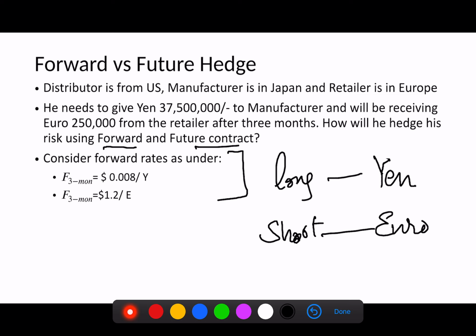How many euros? 250,000 euros. And how much Japanese yen do you need to buy? 37,500,000. And in the foreign market, the bank with which you are buying and selling the forward contract, not rate, only deals in dollar versus any other currency.